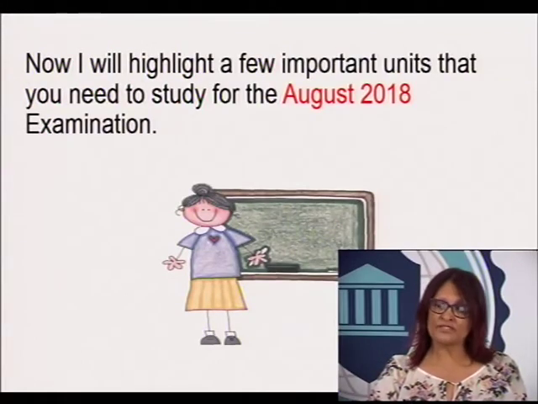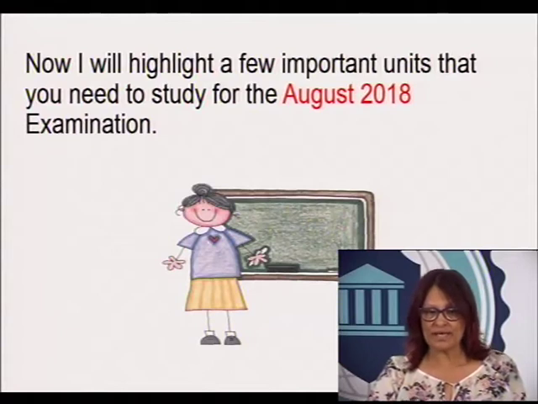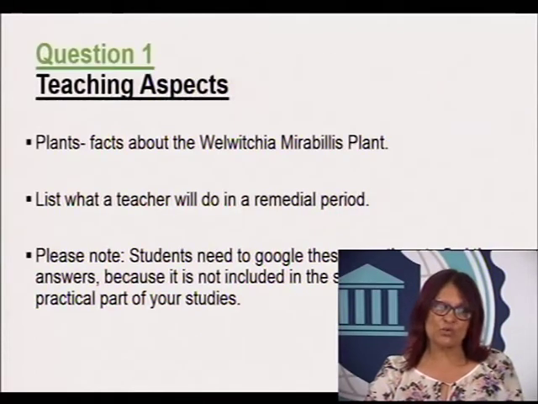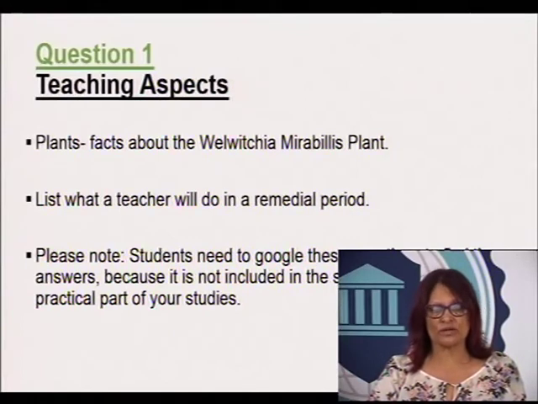Now I will highlight a few important units that you need to study for the August 2018 examination. Question 1, and this is about the teaching aspects. Plants. The facts about the Welwitschia mirabilis plant.